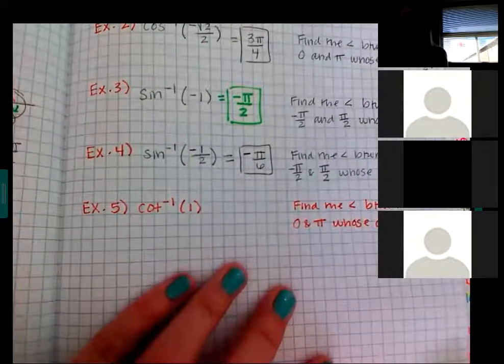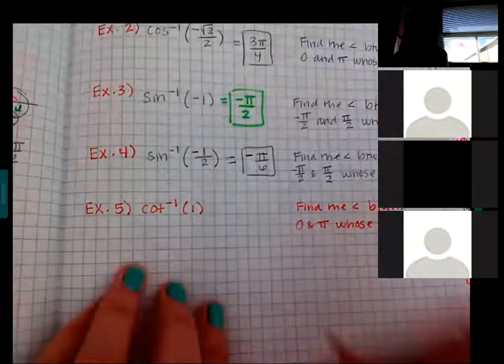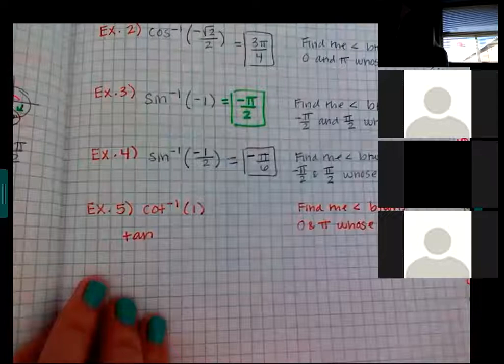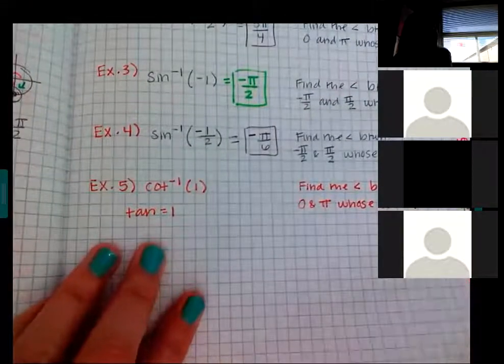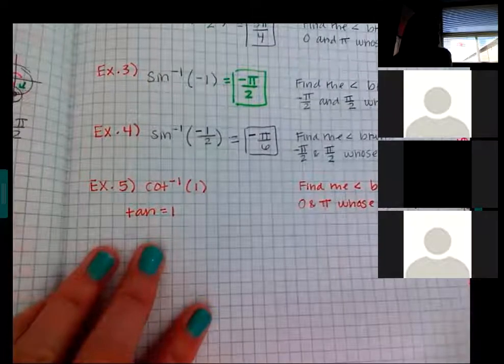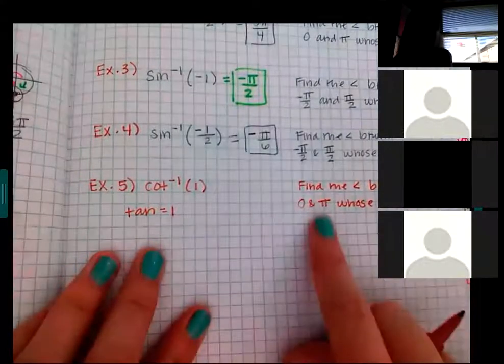So listen to me carefully. If the cotangent is 1, what does that mean the tangent was? What happens when you flip 1? You still get 1. Thank you. So we're trying to find where the tangent is 1. Right? Okay, we're looking in quadrants 1 or 2 because it's even.